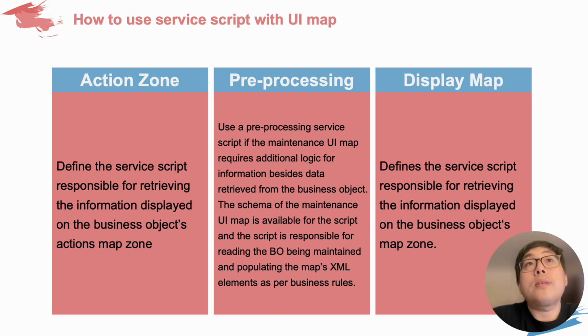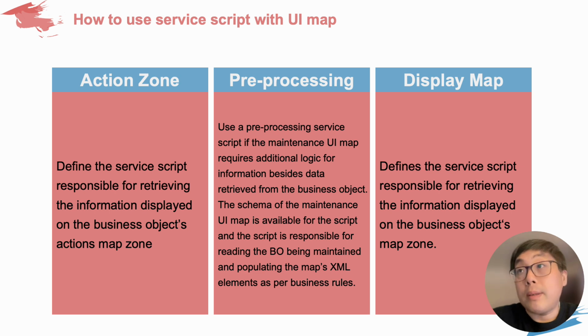In this case, the service script will be responsible for retrieving the information based on the business object setting. Very often, in the business object, when you see individual life cycle status, there is a next state transition, and you can define either system or system user.